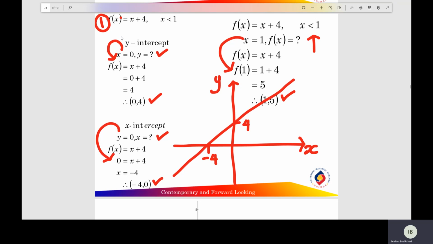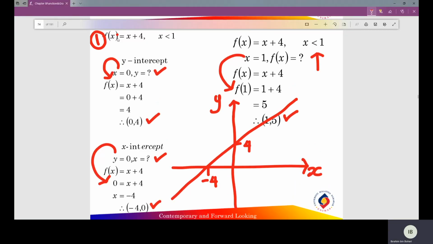And then the first point here is at (1, 5). So this point is colored. So the first point here is (1, 5). Maybe here you put x equals 1, and here the value of y equals 5.